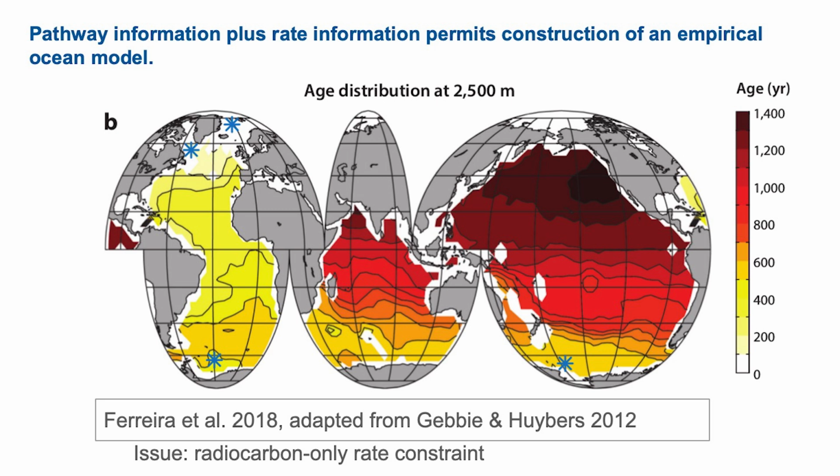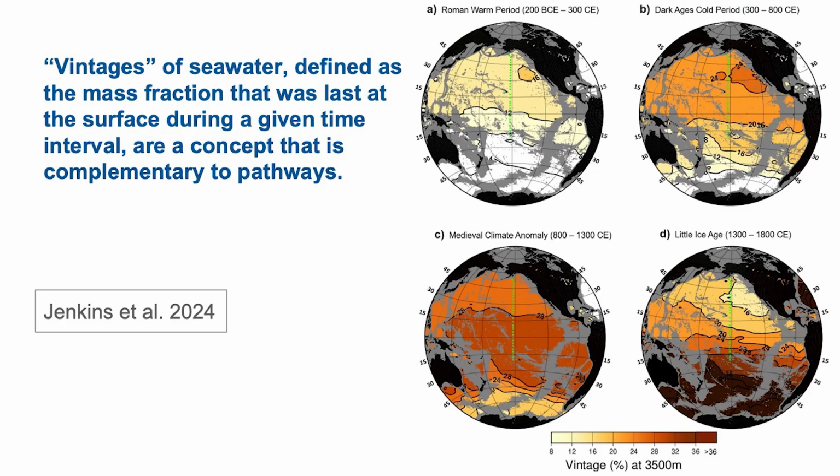Okay, so what can you do with pathways and rate information? Well, I can indulge myself here for 1 second with an aside. We often talk about sources of water, like locations where they come from, but we could think about their temporal location that they came from. When were they last at the surface? And we could plot something orthogonal to the previous plots.